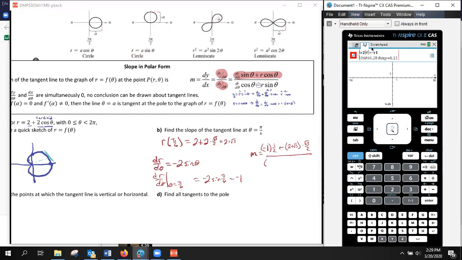All over, once again, dr d theta, -1, this time times the cosine, so square root of 3/2. And then don't forget that minus. And the radius one more time is 2 plus the square root of 3, times the sine of pi/6, which is 1/2.